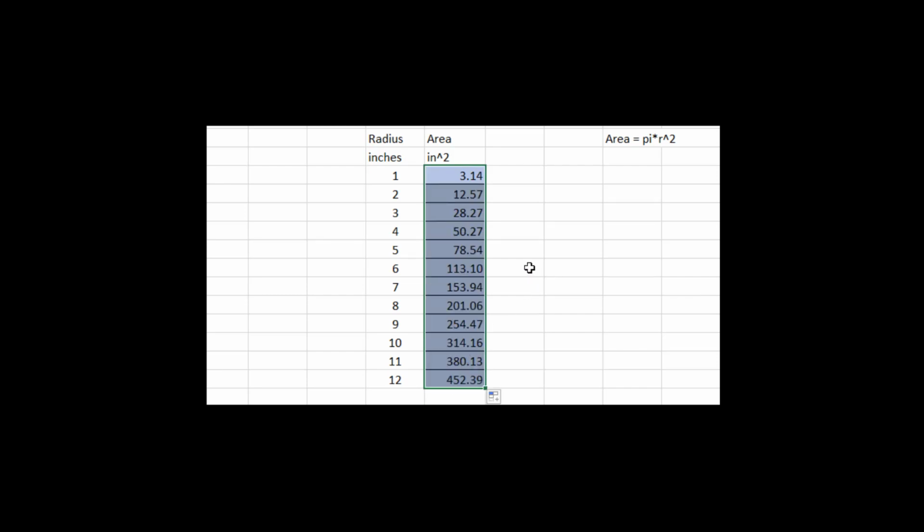And so we're trying to answer the question, is this a proportional relationship? Inches to area of a circle. So if I take 1 inch and double it, do I double the area? And the answer is no. If I go from 3 inches, which is 28, to 6 inches, do I get like 57?